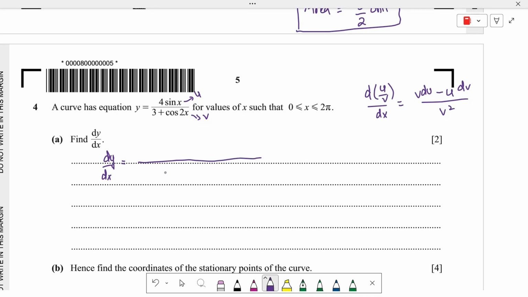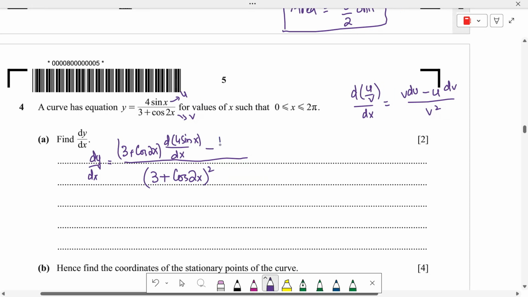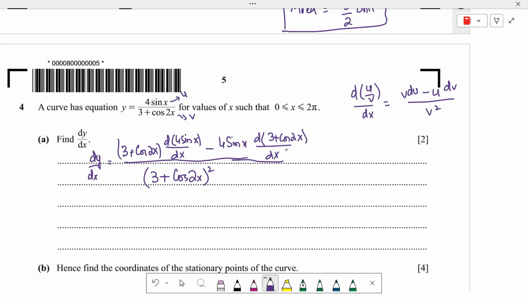in the denominator we will have v squared, which is (3 plus cos 2x) whole squared, and in the numerator 3 plus cos 2x times the derivative of 4 sin x with respect to x, minus u, which remains the same, 4 sin x, times the derivative of the denominator, 3 plus cos 2x, with respect to x.